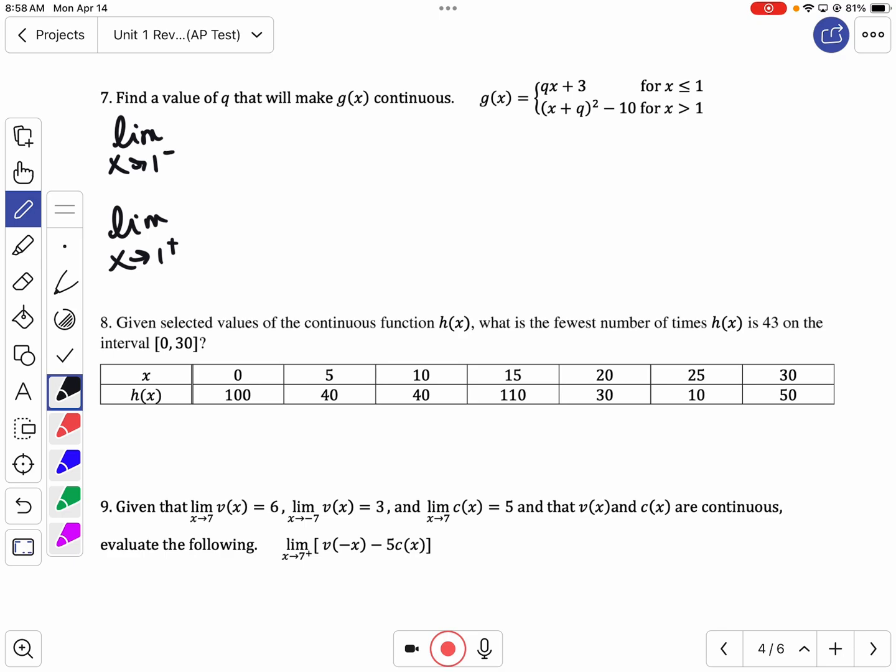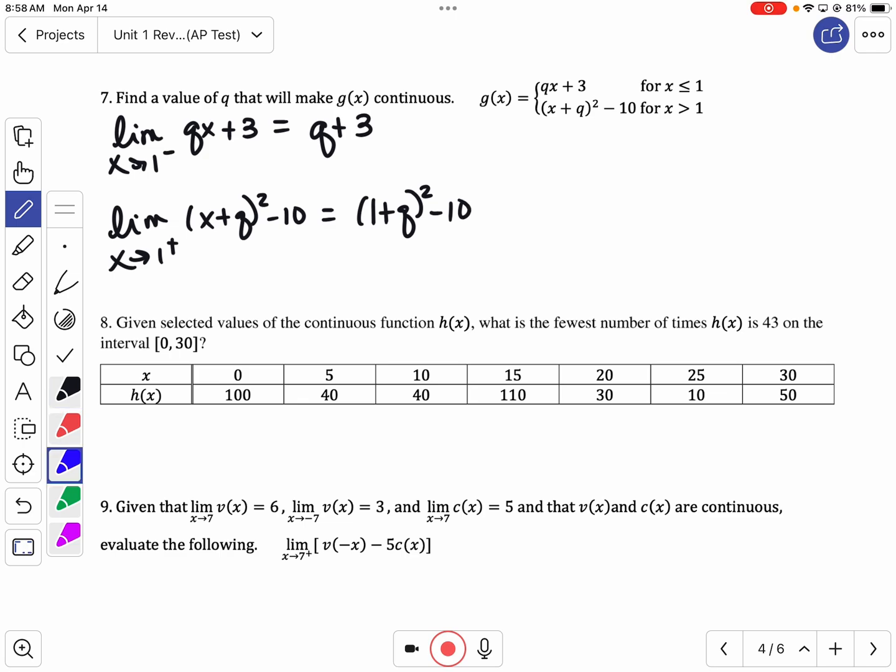So if we plug in from the left, we would use the top piece, so qx plus 3, which would give me just q plus 3 if we plug in 1. The second piece, we do x plus q squared minus 10. So if I plug that in, I have 1 plus q squared minus 10.